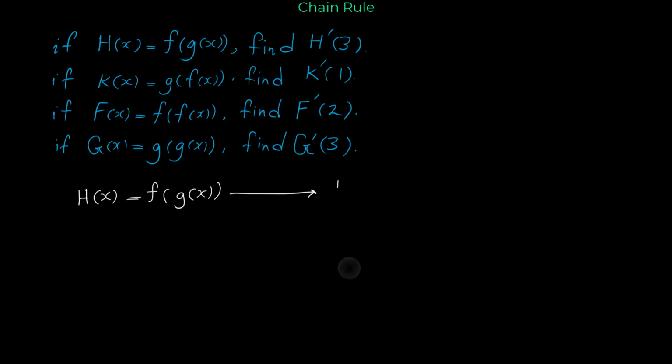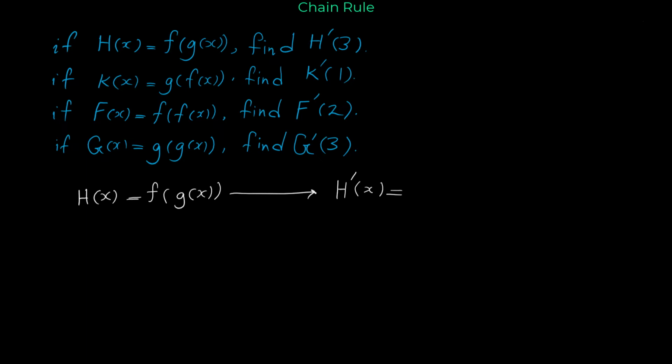If we want to find derivative of h, we have to use chain rule, because h of x is f of g of x, and here as you can see, g of x is inside of f. So g of x is the inside function and f is the outside function. So for finding derivative of h, we use chain rule.